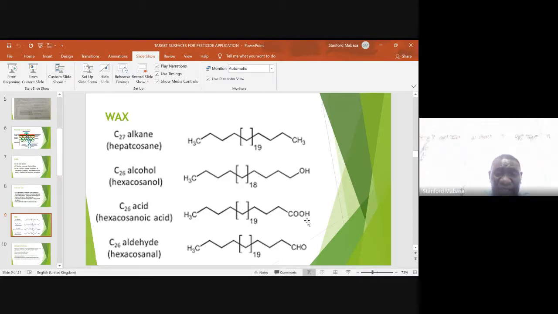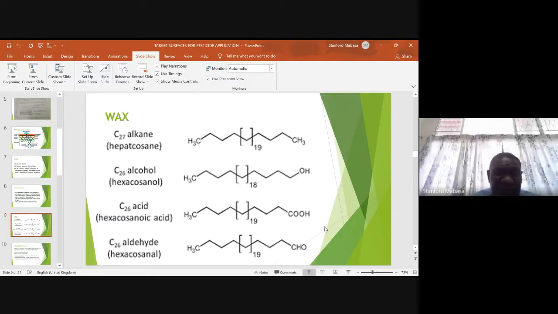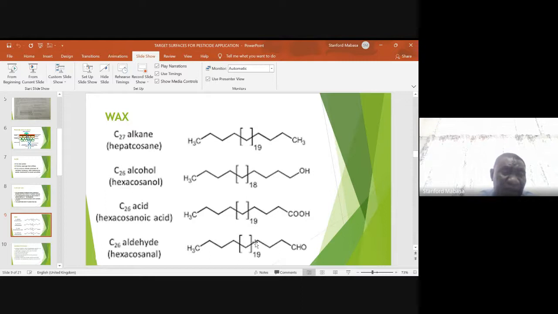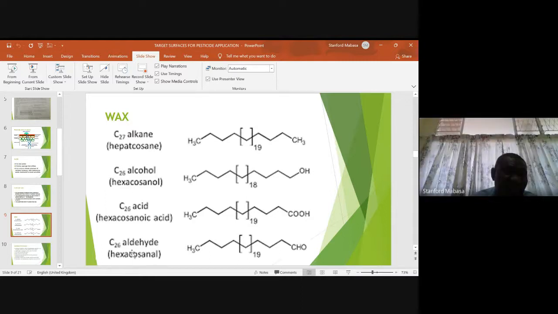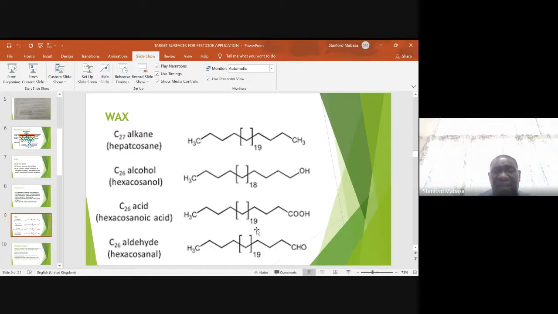Or you can have an acid at the end, with 26 carbon atoms but carrying an acid. Or you can have again 26 carbon atoms carrying an aldehyde. So there are various forms of the wax. This is just the chemistry of the wax.